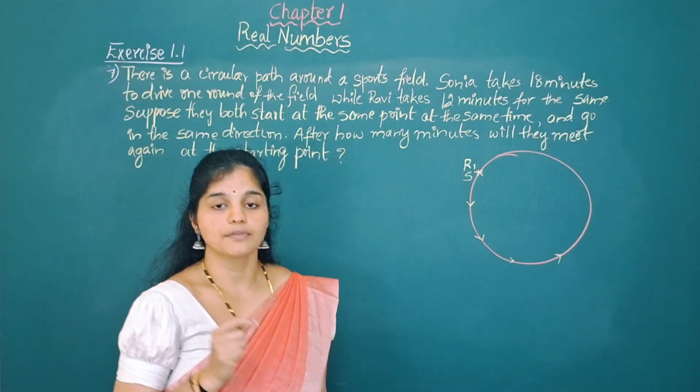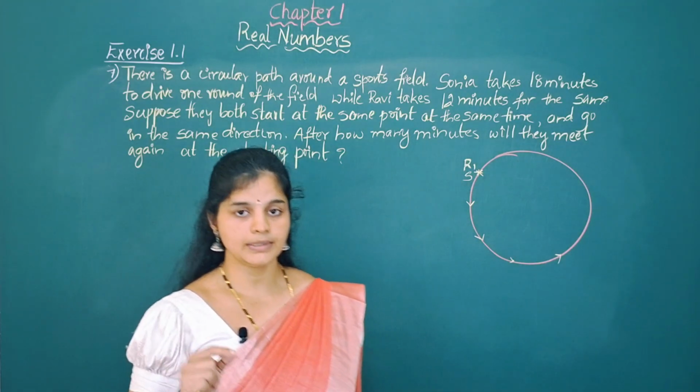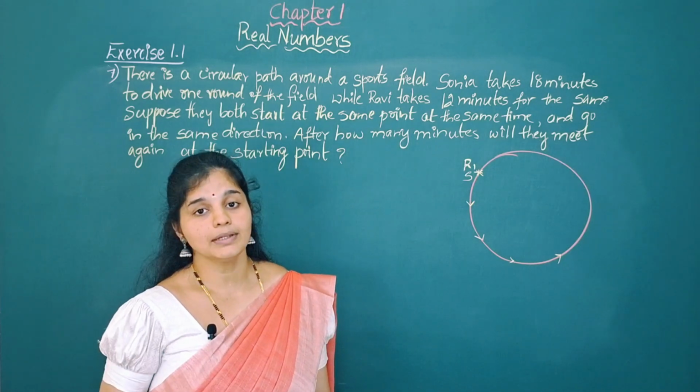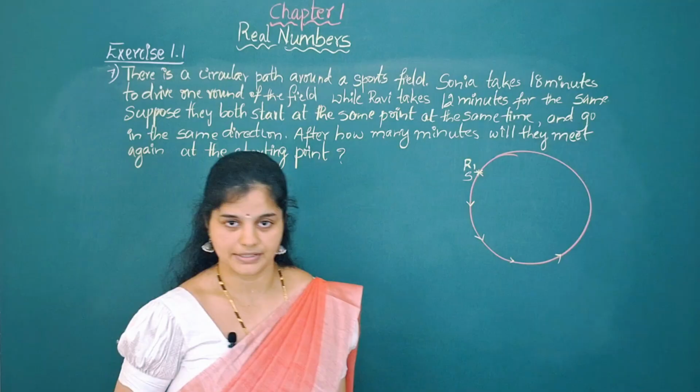So for this question, we just need to find the LCM of 18 and 12. It's because LCM gives us the minimum time at which they both meet. Okay.